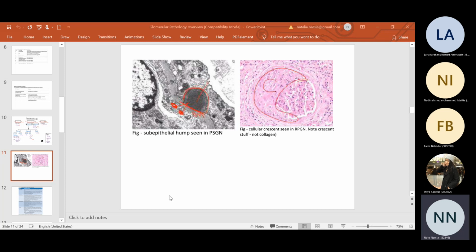That is important. Eventually, this deposit will simply dissipate into the space and disappear. That is also important. Why do you need to know, guys? Because post-streptococcal glomerulonephritis is an immune complex disease. You find the subendothelial immune complex deposition, but after time, it disappears by itself, okay? Even if you don't treat, it disappears by itself, okay? It happens.